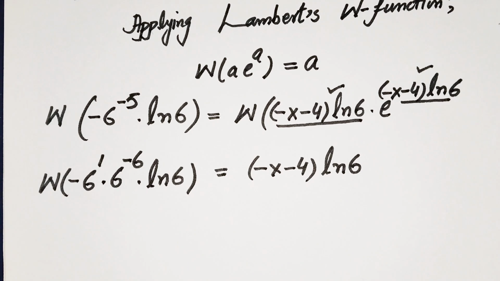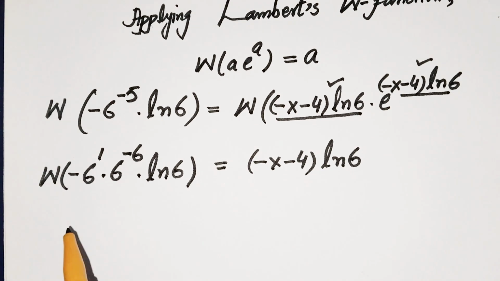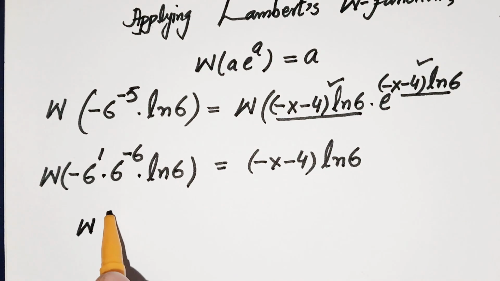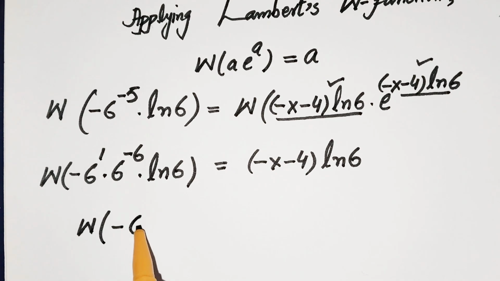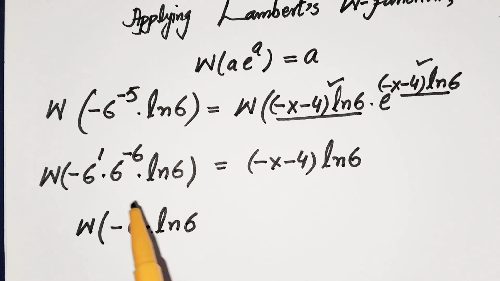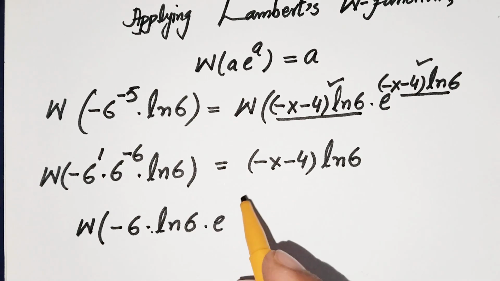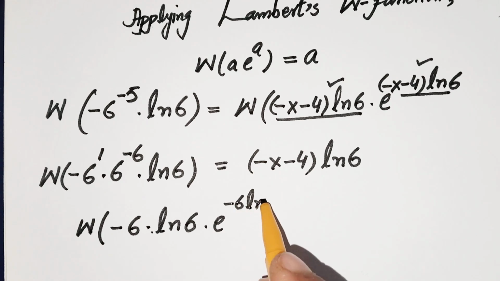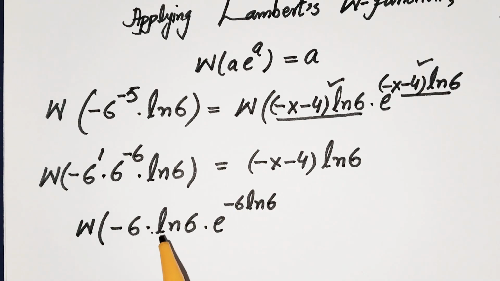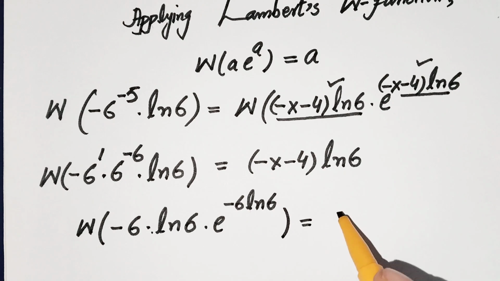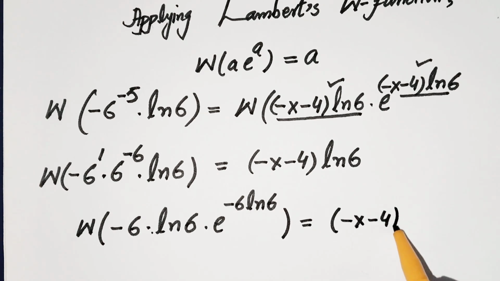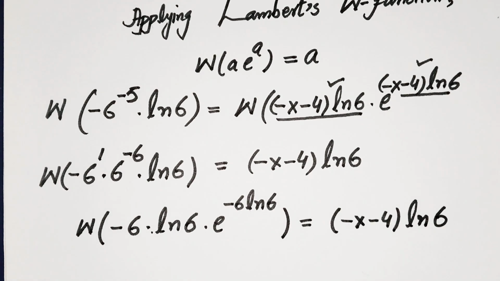Now our next step is here Lambert W function times minus 6, here 6 to the power 1 is equal to 6, so times natural log of 6. Here if we write this e to the power minus 6 natural log of 6, then there will be no difference, so it is equal to minus x minus 4 times natural log of 6.